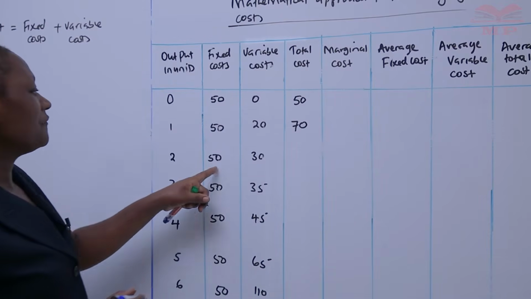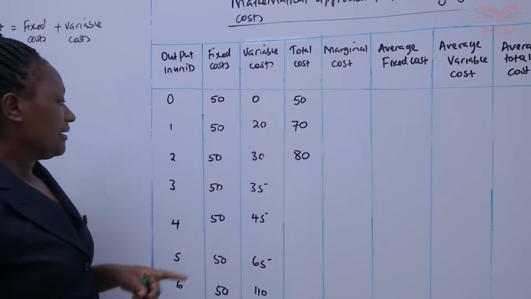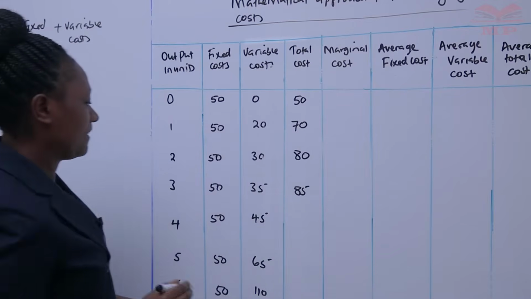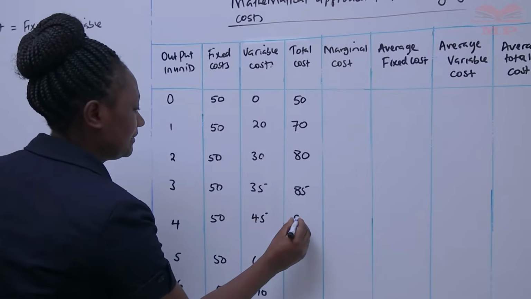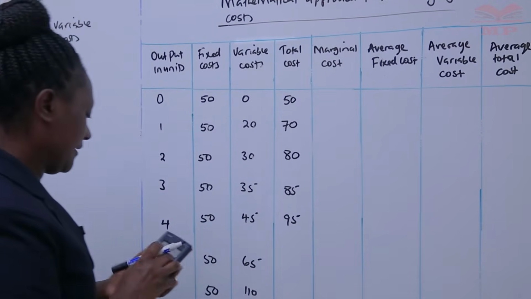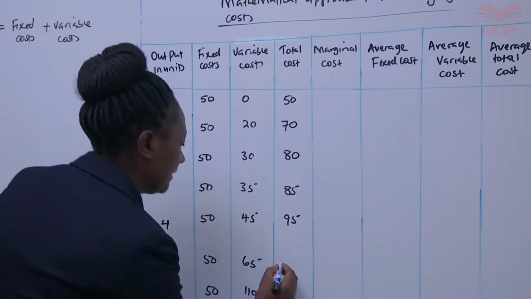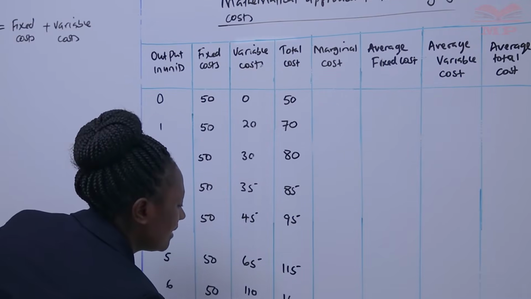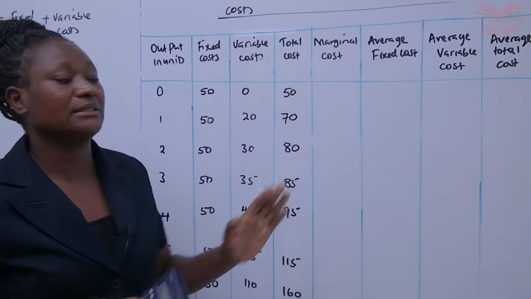Then next we have 50 plus 30, which will give us 80. 50 plus 35 will get 85. 50 plus 45 will get 95. Then 50 plus 65 will get 115, and this will give us 160. That's how we calculate the total cost.